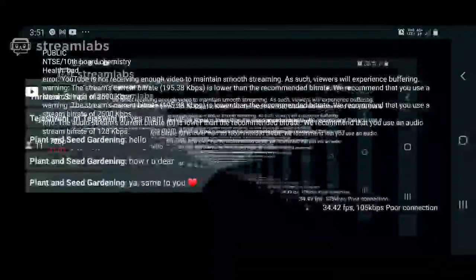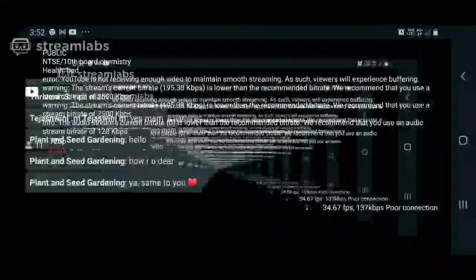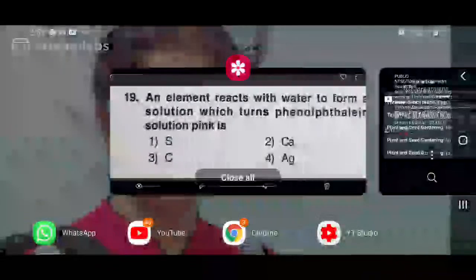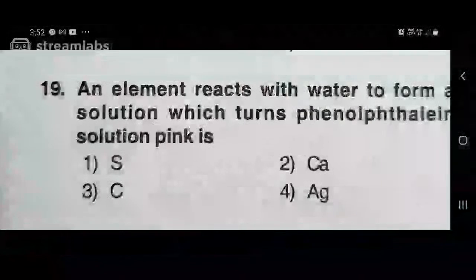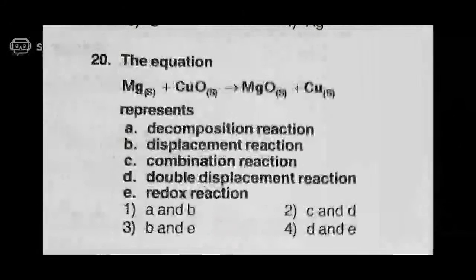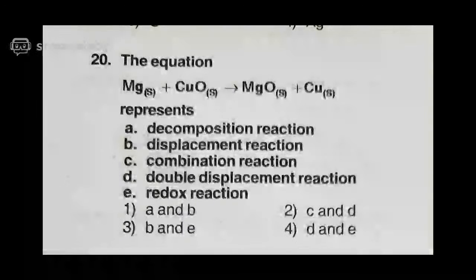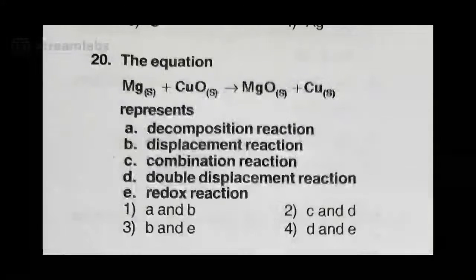Okay, we'll move on to the next one. Look at the equation. Magnesium combines with copper oxide to form magnesium oxide plus copper.